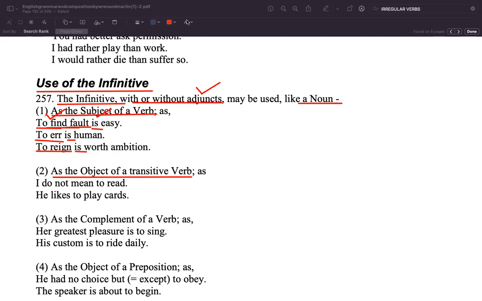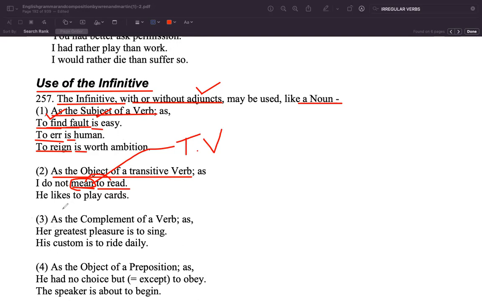Let's say, I do not mean to read. The verb is mean. Which one is the object here? To read. I do not mean what? To read. So to read is nothing but the object of the verb mean. That is why mean is called a transitive verb, right? What kind of verb is mean? Transitive verb.